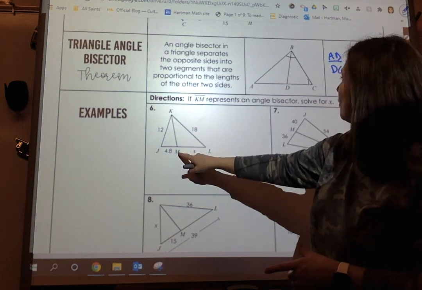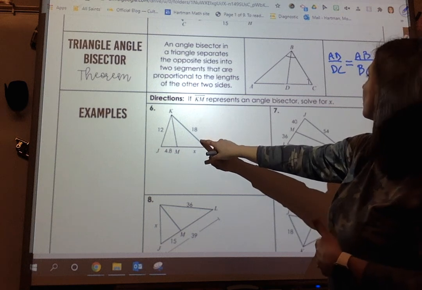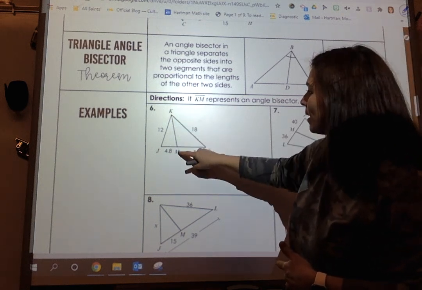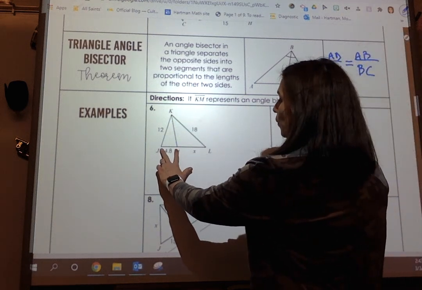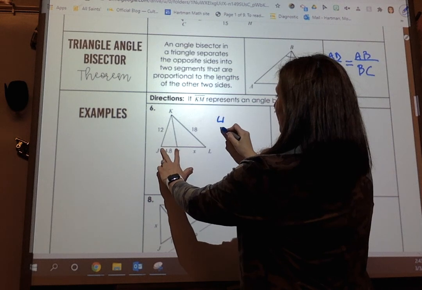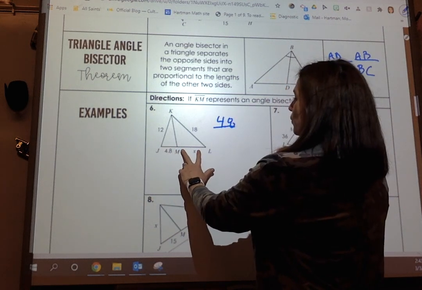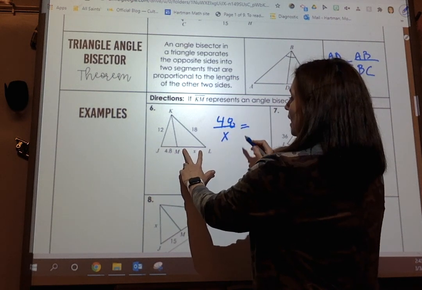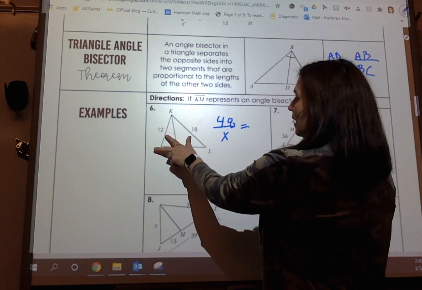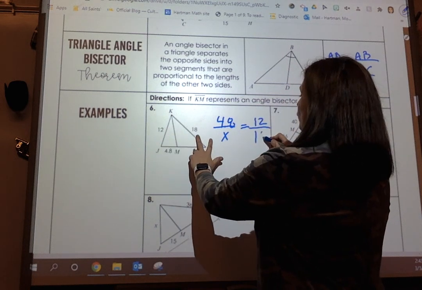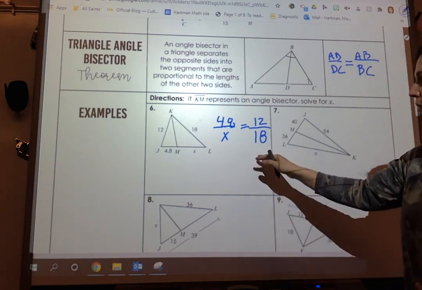So, here's my angle bisector, and it's telling me KM represents an angle bisector. So, there's my angle bisector. I know my proportion is going to be this segment length is going to be proportional to this segment length. And if I start on the left-hand side, 12 is going to be proportional to 18. So there's my proportion.